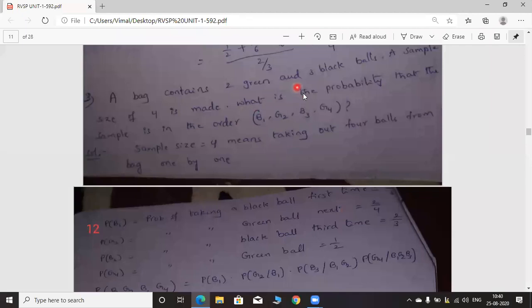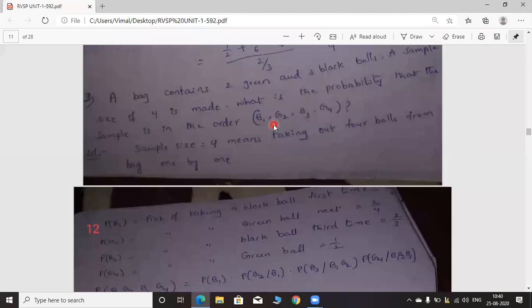A bag contains 2 green and 3 black balls. A sample size of 4 is made. What is the probability that the sample is in the order B1, G2, B3, G4? What do this B and G indicate? B means black, G means green.